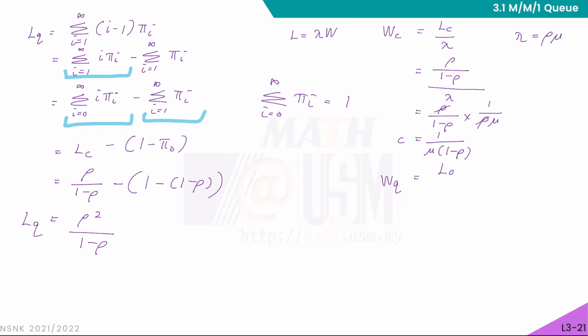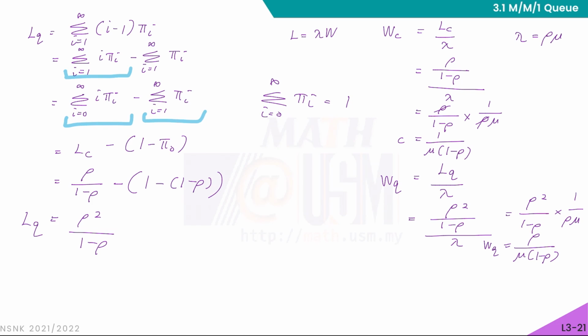So WQ is equal to LQ over lambda. Okay, so rho square over 1 minus rho over lambda, which is equal to rho square over 1 minus rho times 1 over rho mu as well. You can substitute in order to simplify. It's up to you, but this term is much simpler. So you get rho over mu times 1 over 1 minus rho.